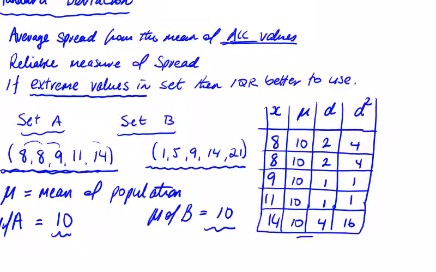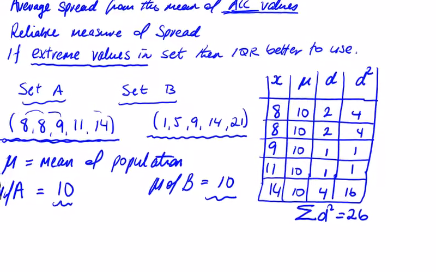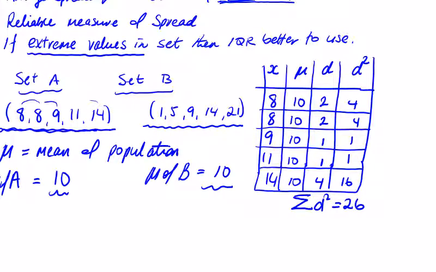And what I want to do, you're going to see this. This is the sum of D squared is equal to 16 and 4 is 20 and 6 is 26. And if I apply this to my standard deviation formula, which is this sigma, it's equal to the square root of the sum of the difference squared divided by the numbers in the set, which we'll call n.